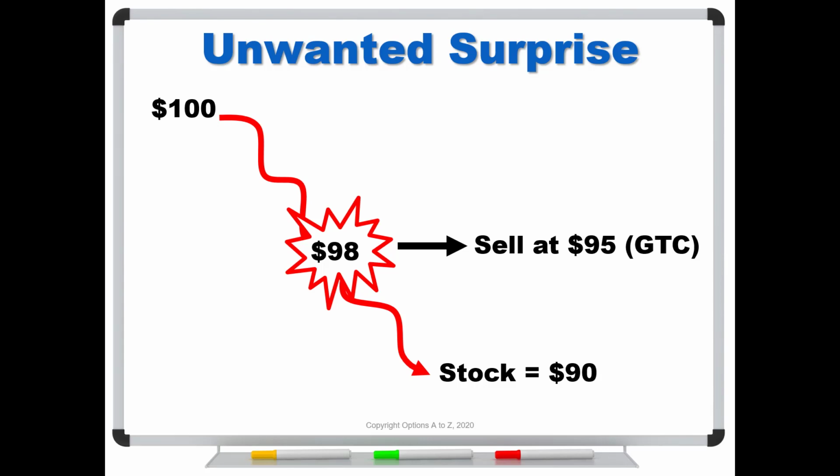And it starts slowly working its way up. And you're going, hey, this is great. This is exactly what I thought was going to happen. If it gapped well below 95, I'd rather hold the shares. And so this is what you got. It starts moving in your favor, and then suddenly it touches 95, and what happens? You get sold because you forgot there was an open sell limit order.